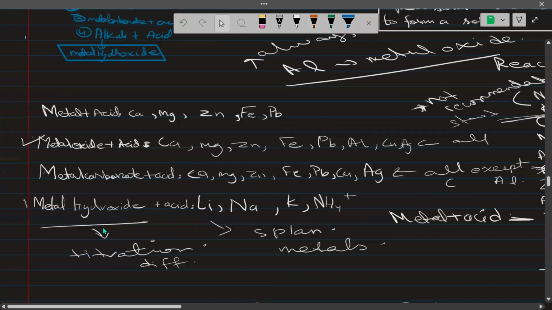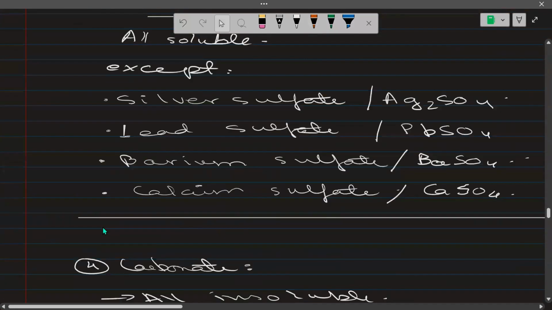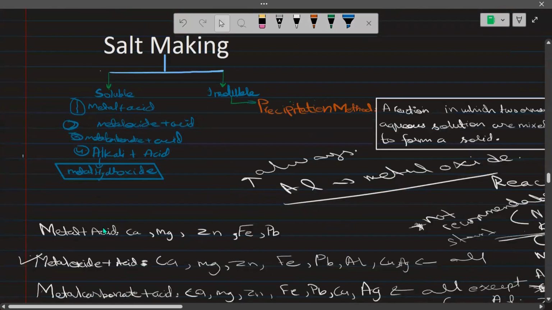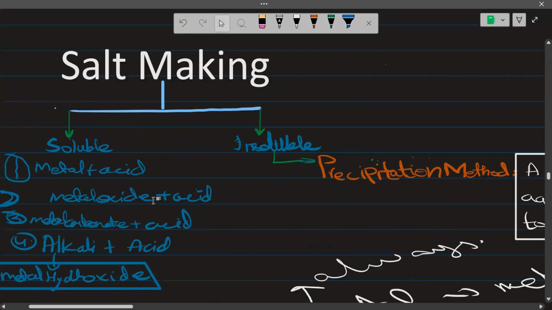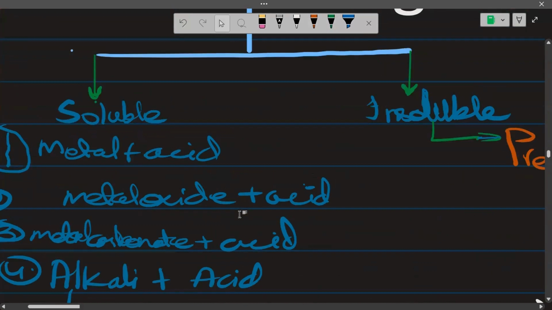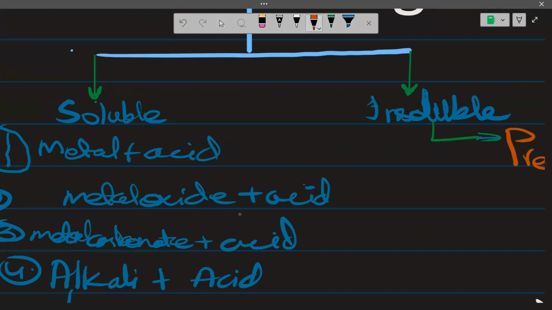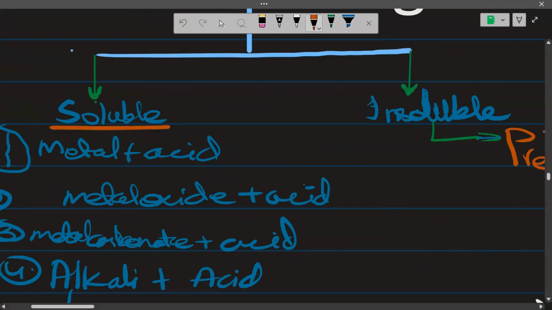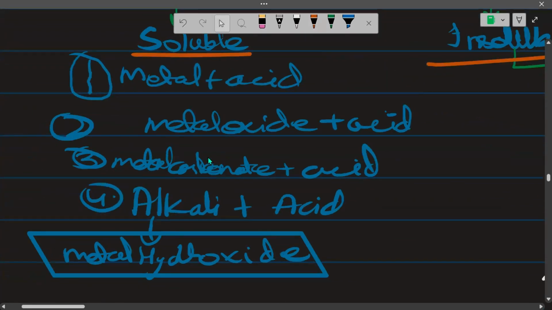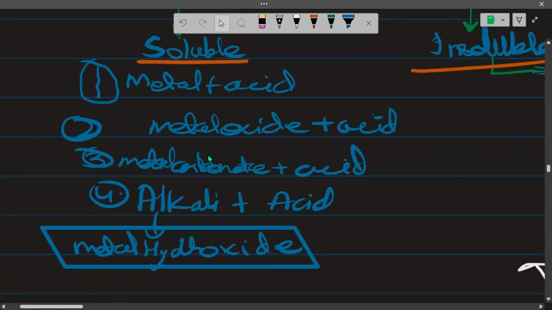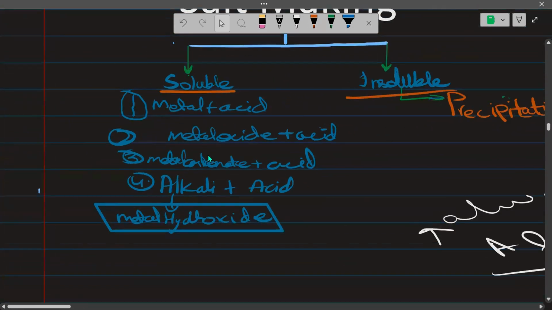So now let's come to salt making. Basically there are two types of salt: one is soluble and one is insoluble. For making a soluble salt, there are four methods.